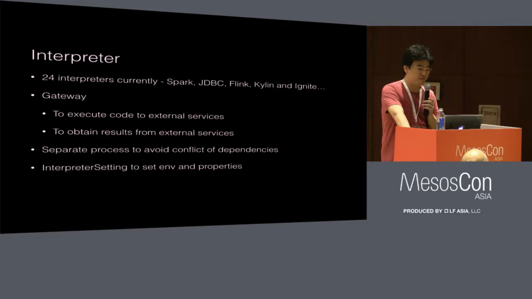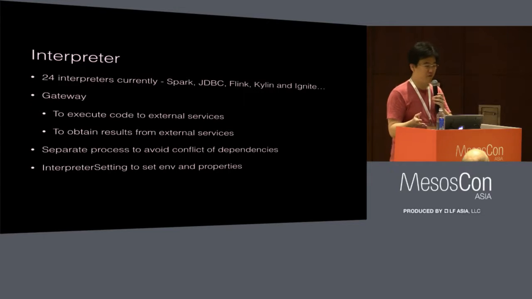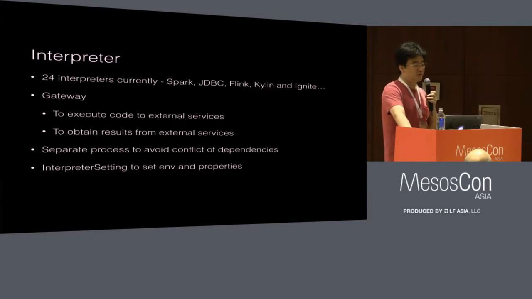At first, Zeppelin launched the interpreter as a separate thread inside the Zeppelin server, but it caused many problems. So nowadays, the Zeppelin server launches the interpreter as a separate process to prevent conflicting dependencies.